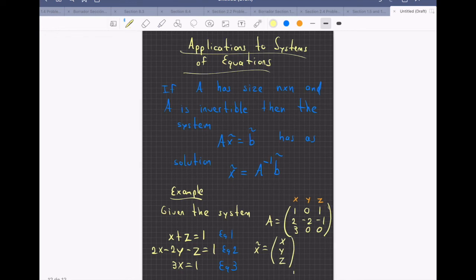And finally, the matrix B is going to be the elements on the right side of each equation. 1, 1, 1. And there you have it.